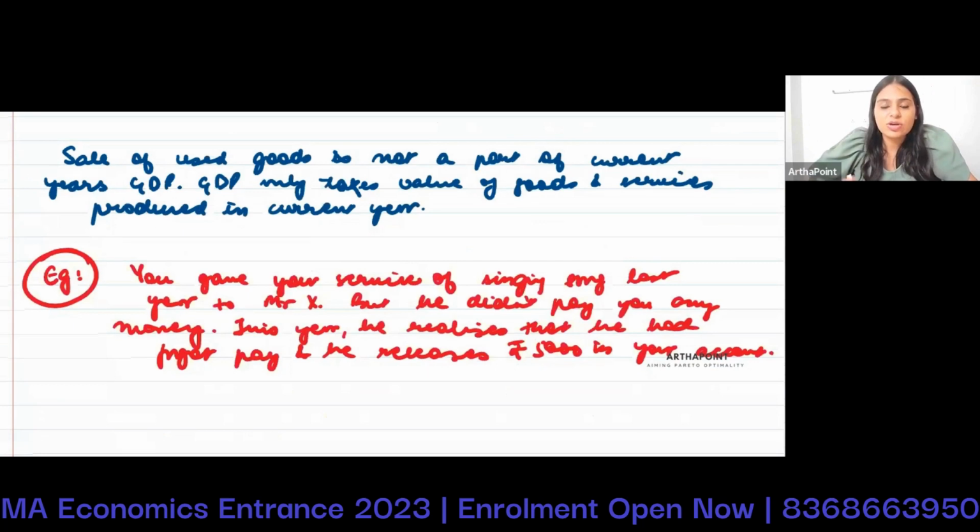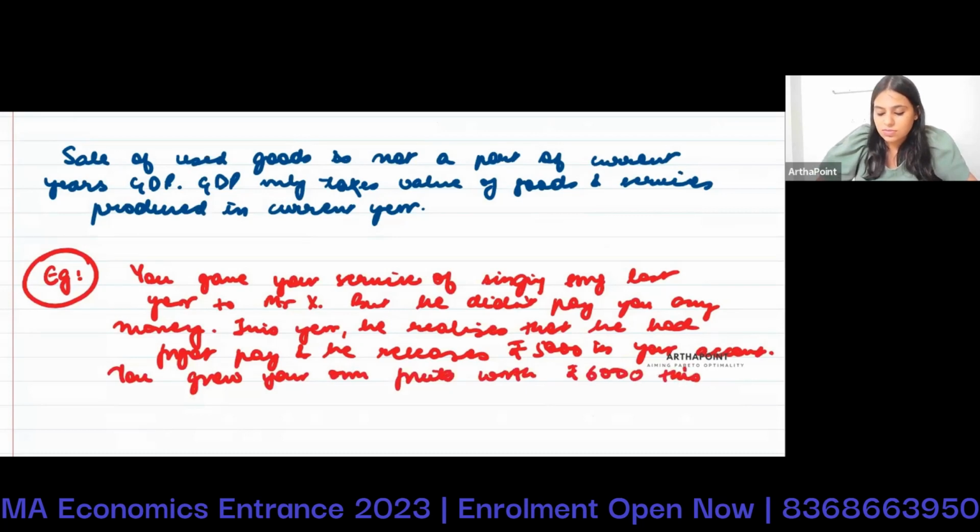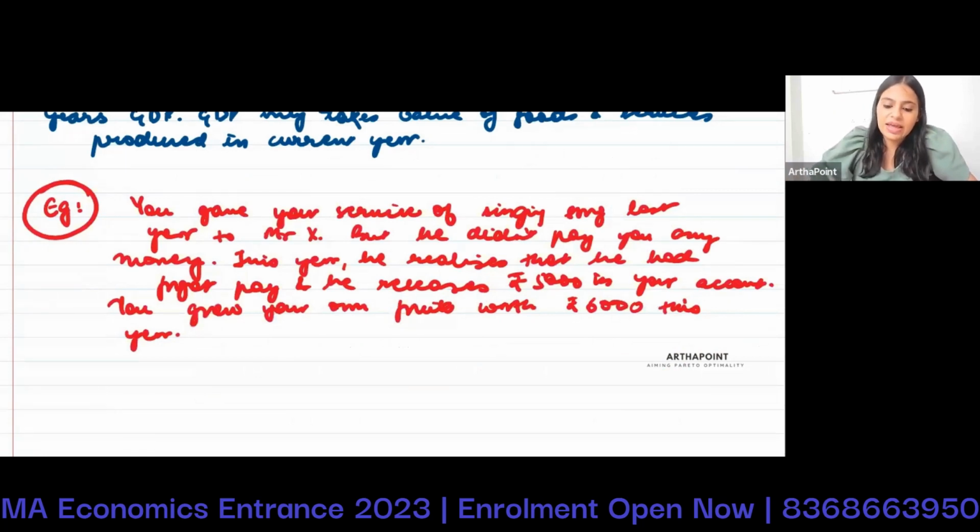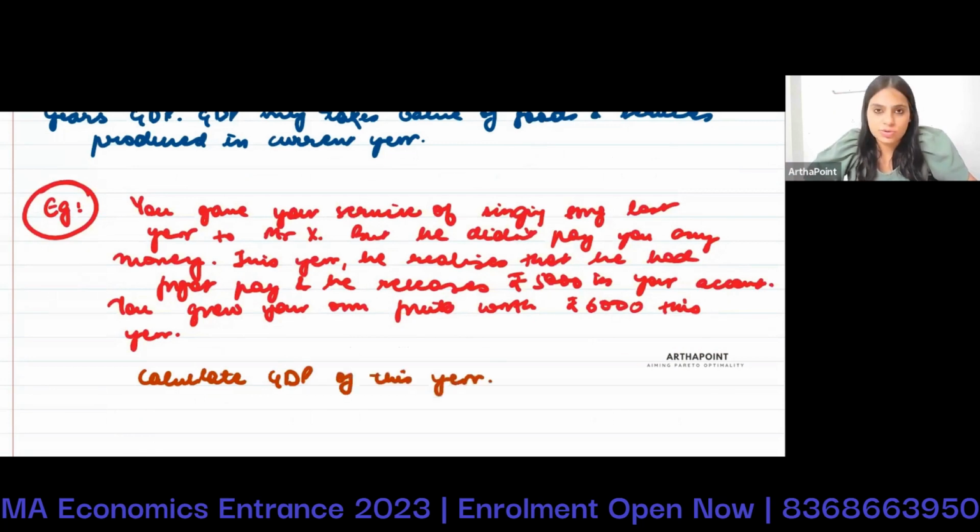They will actually go ahead and put 3-4 things other than this also, and then they will say you grew your own fruits worth rupees 6,000 this year, and some more examples. They will make a complete story out of it. So they'll add 2 more, 3 more lines, and at the end they will say calculate GDP of this year. This is what the question is.